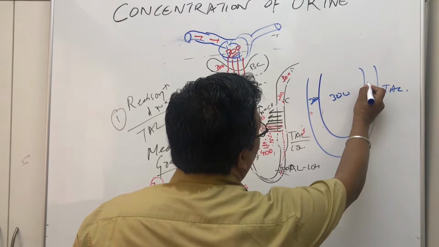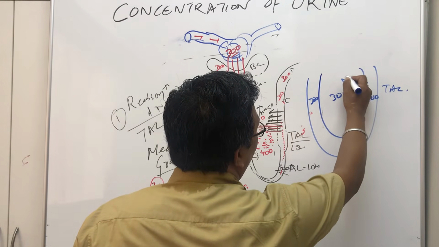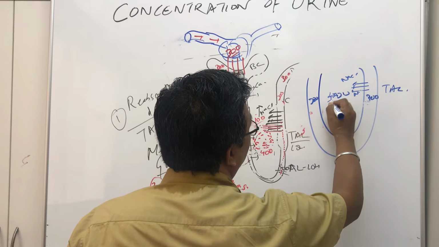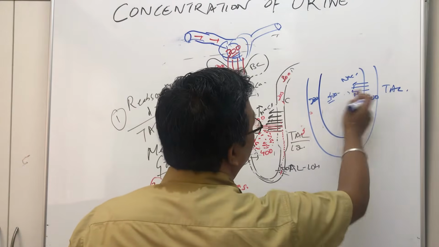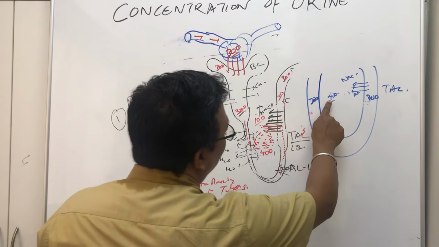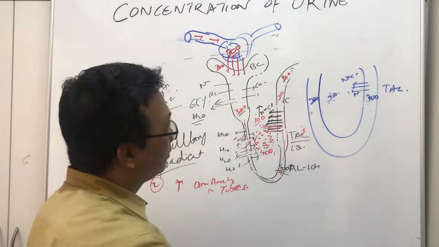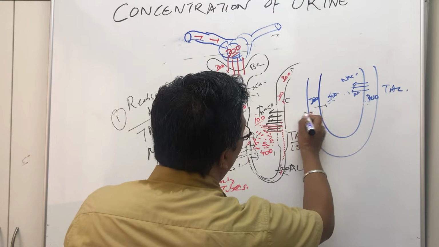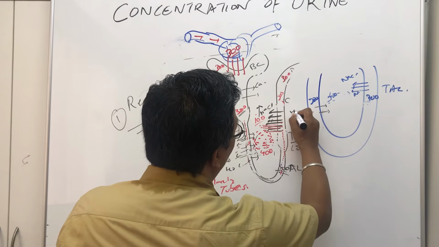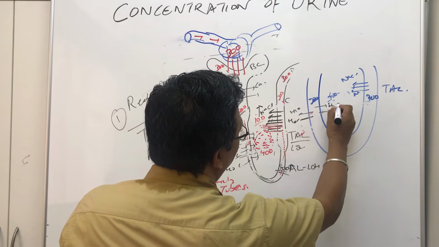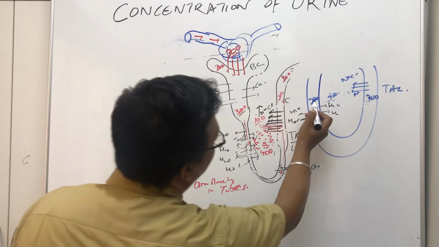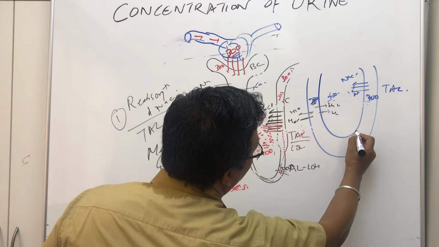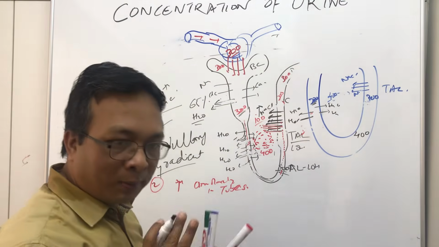First, sodium chloride will be reabsorbed, so this 300 will now become 400, right? Because of increased osmolarity here, water will be more reabsorbed. So this portion will lose water, in the descending limb. As a result, when this fluid comes through this part, its concentration will increase. It will become 400. I'm just giving a number.